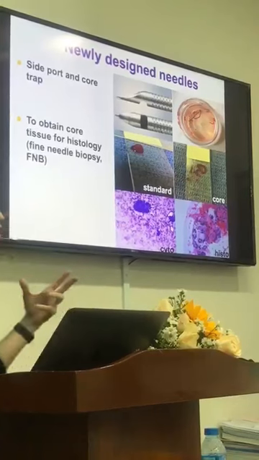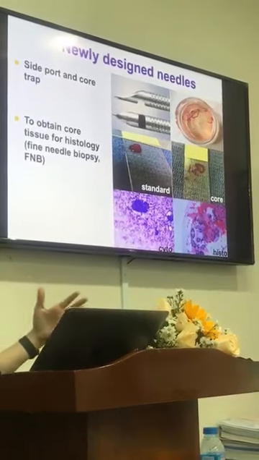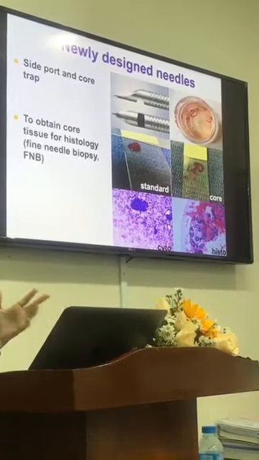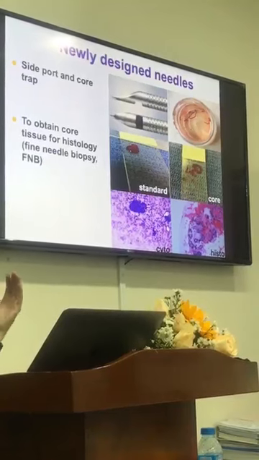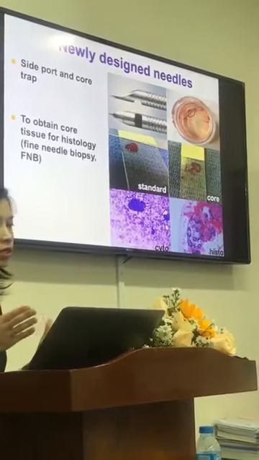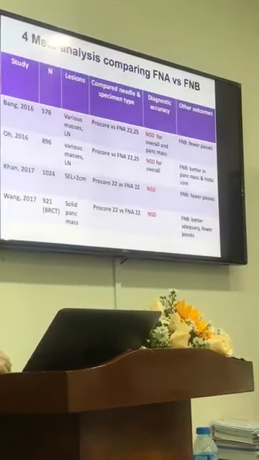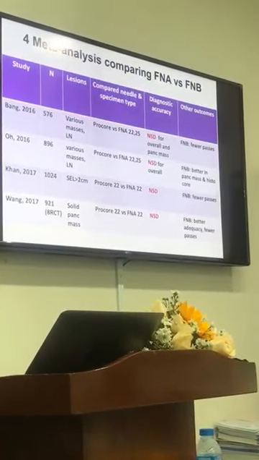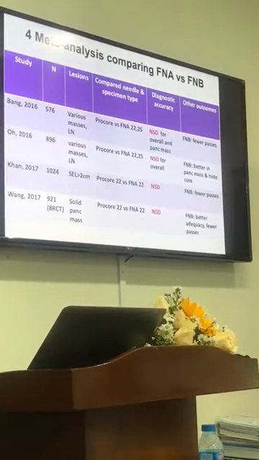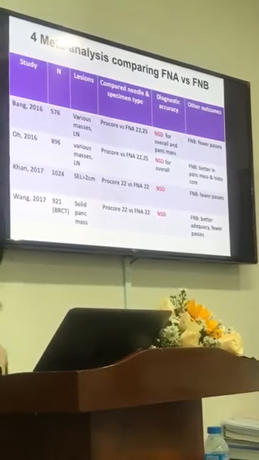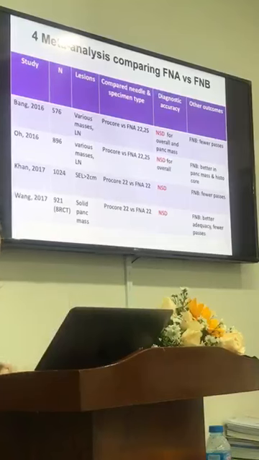This type of needle is called fine needle biopsy or FNB. So from now on, you're going to hear FNA/B, or a lot of people say EUS-guided tissue acquisition. Tissue acquisition by EUS is no longer limited to FNA. A lot of people are moving towards FNB. Now we believe that FNB may be better. Is it true? There have been 4 meta-analyses comparing FNA and FNB.